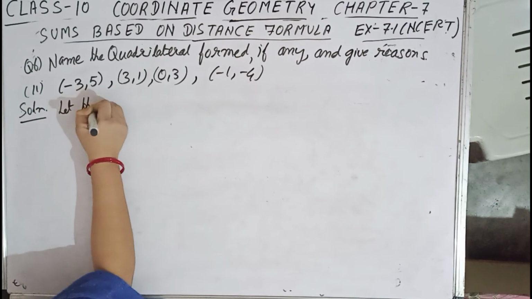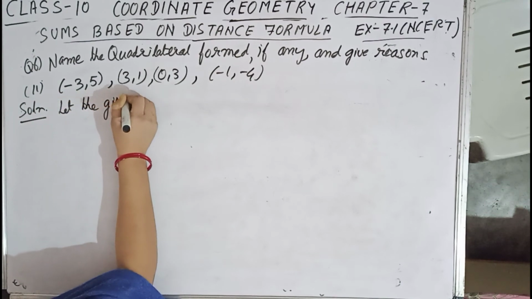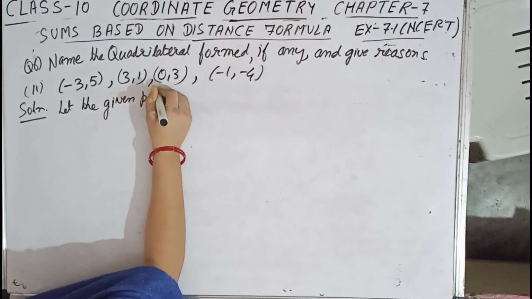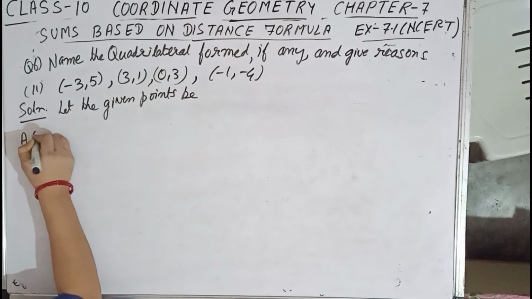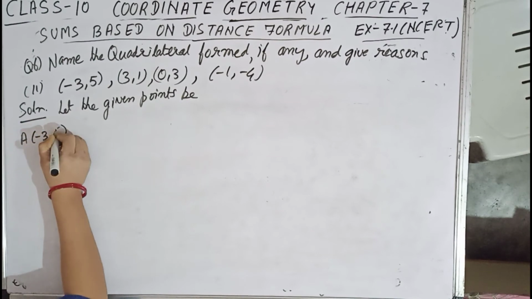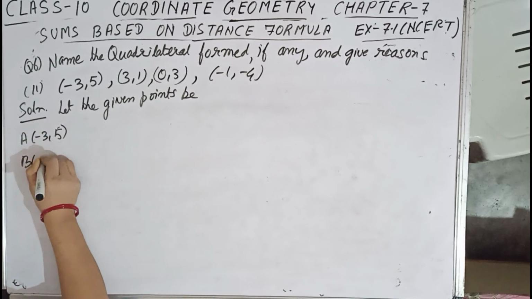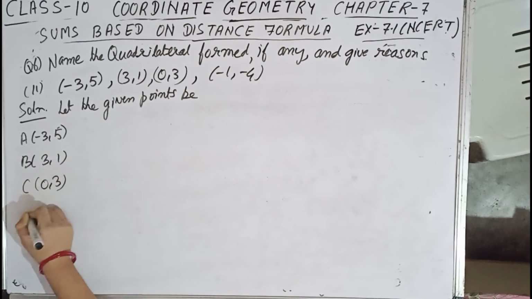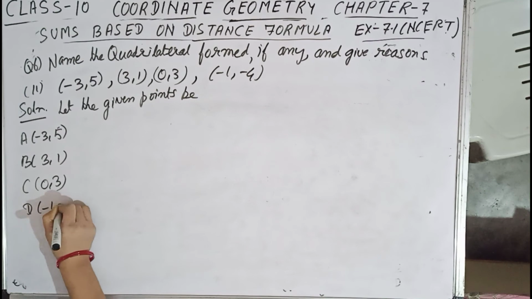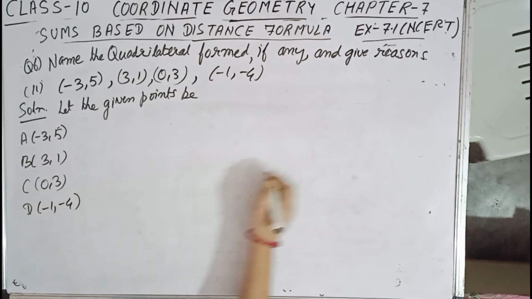Let the given points be A (minus 3, 5), B (3, 1), C (0, 3) and D (minus 1, minus 4).